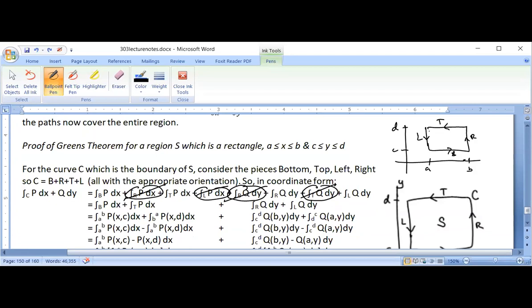So what does this remind us of? This is the function q with b plugged in minus some function q with x equals a plugged in. So this looks almost as if we had just done an integral. So the thing is, we have to figure out, what did we just do the integral of?